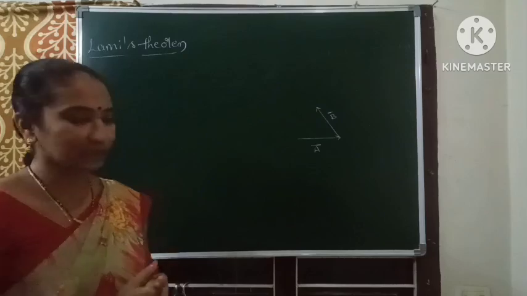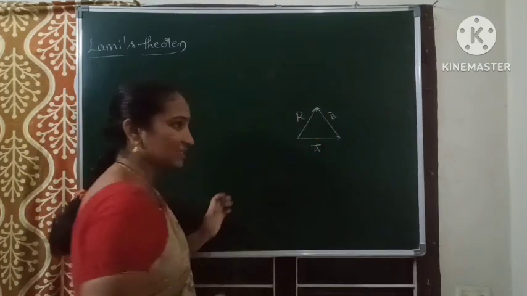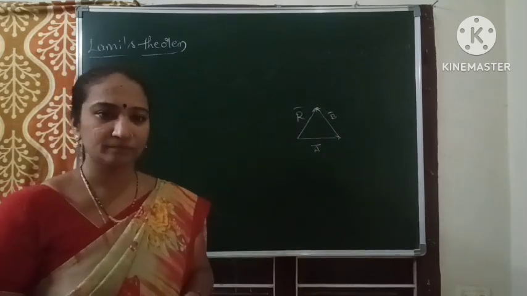Then what is the resultant? The resultant is nothing but the third side of the triangle, which is in reverse order. This gives the resultant for us. R bar is equal to A bar plus B bar.